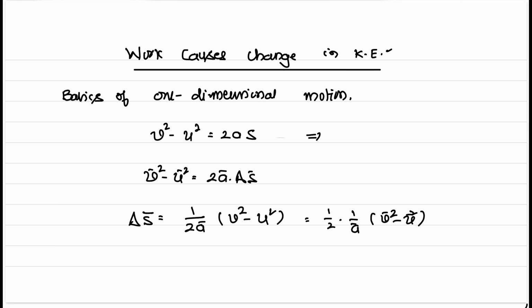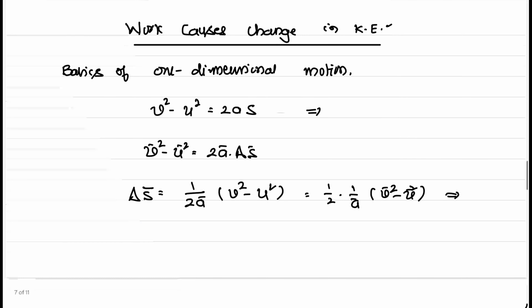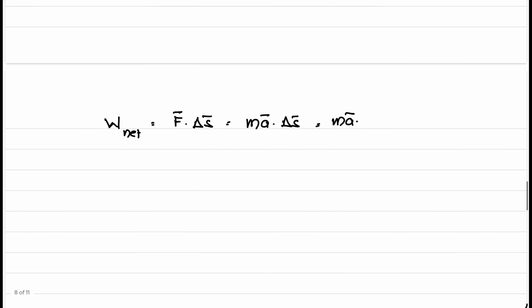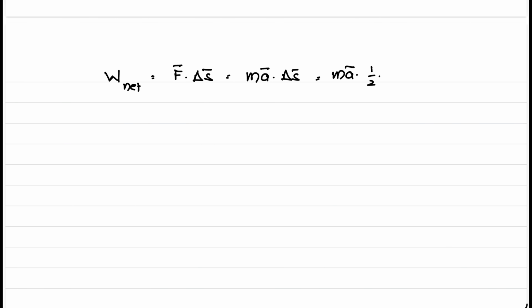These are all vectors. That implies, what is work? Work done net is equal to F dot delta S. That is equal to MA dot delta S. A we know, and what is delta S? 1 by 2A into V square minus U square.